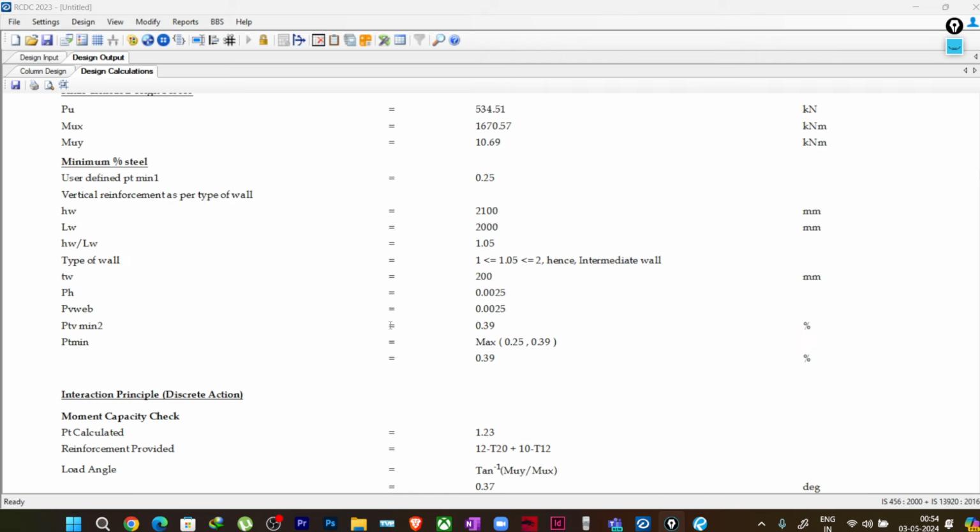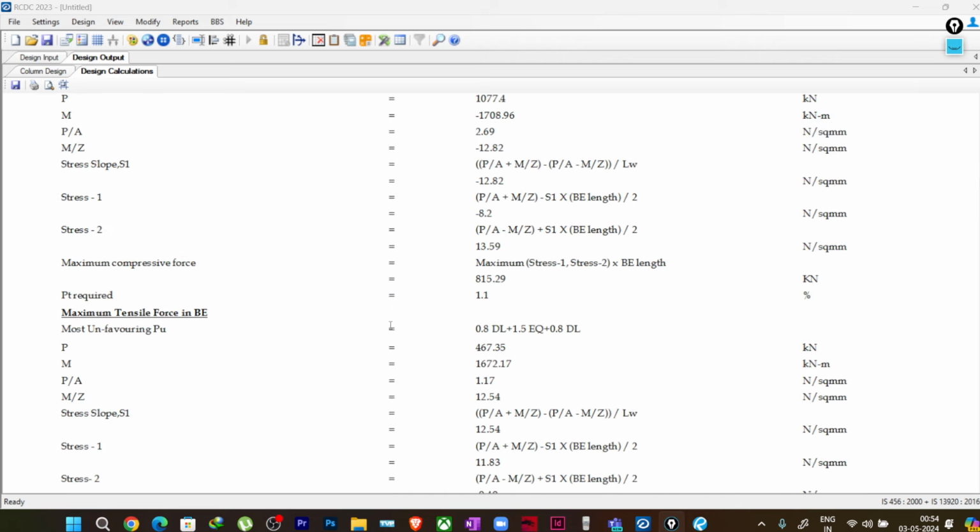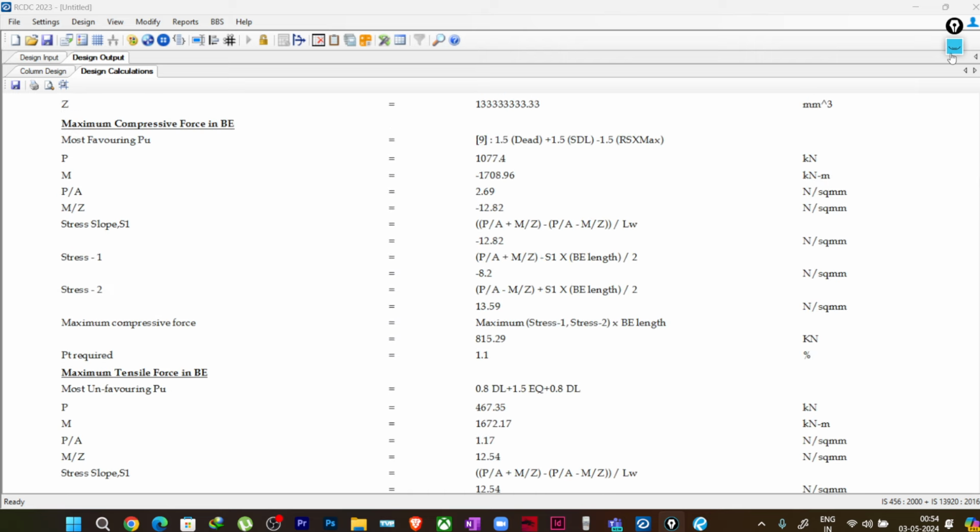So I know 13.59, it is in Newton per mm square, multiplied by 300, the boundary element length. Here this formula has a problem: boundary element length into thickness will also be there. So into thickness, 200 mm, I'll get the force.